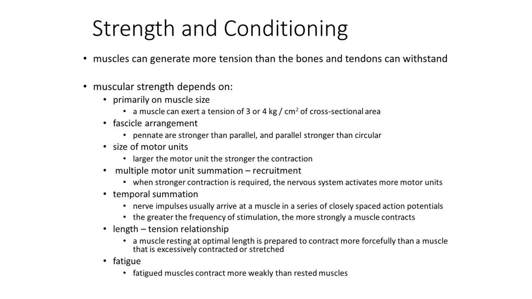All these things play a role in how your muscles are going to respond and how strong they are and how conditioned they are, and your endurance level for that matter.